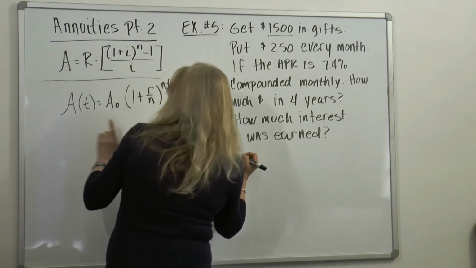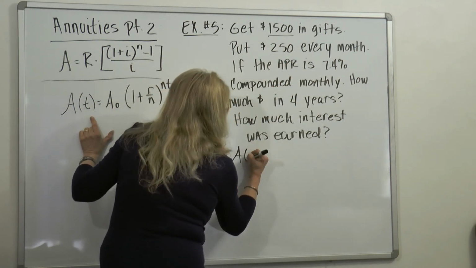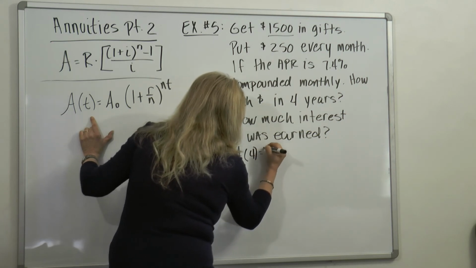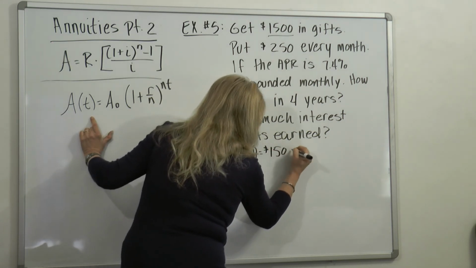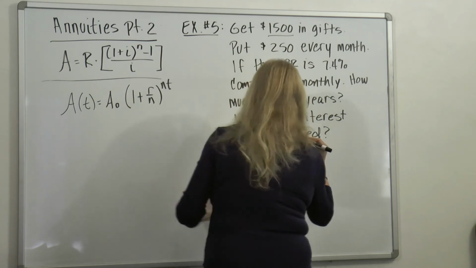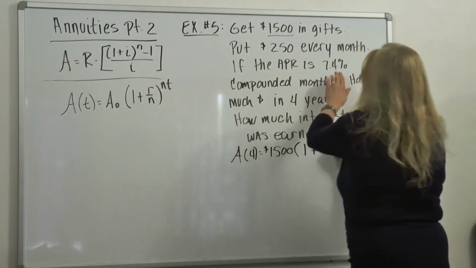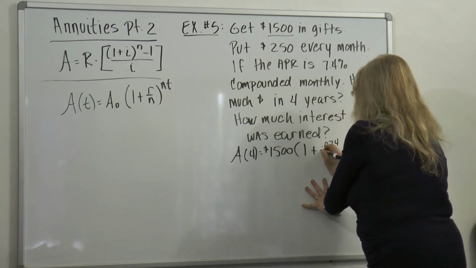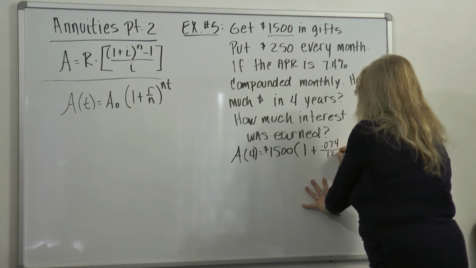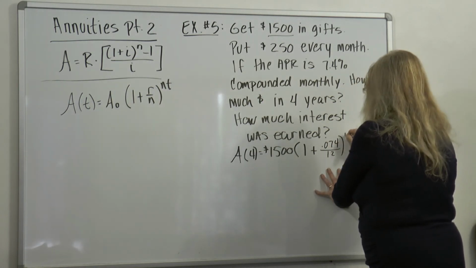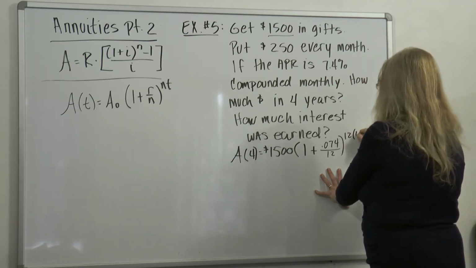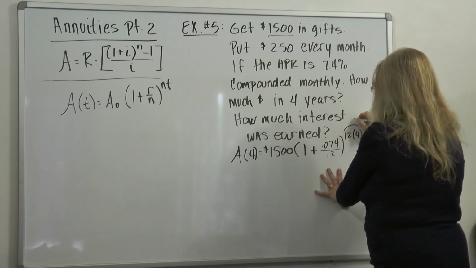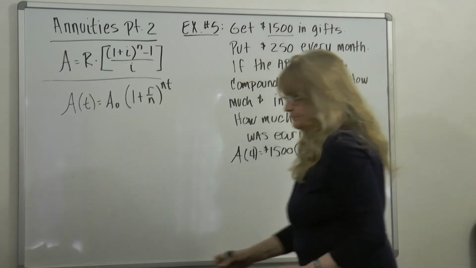my A after 4 years, if I take $1,500 and plop it into the bank, interest rate's going to be the same for both. Just keep it simple. It's compounded monthly, so divided by 12. And then that's 12 times 4, so that's 48 months.